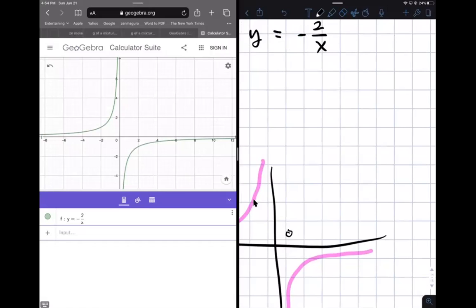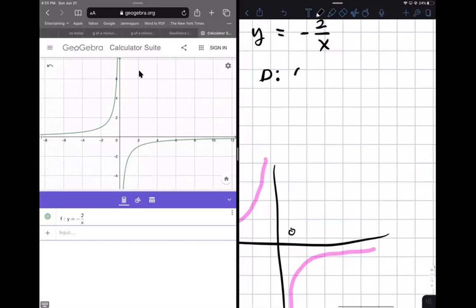So knowing that, what would the domain be? Is it negative infinity to 0 and 0 to infinity? Yeah, so it would be the union.